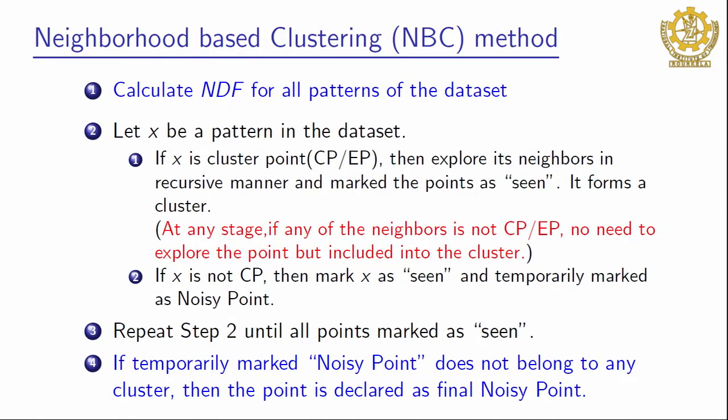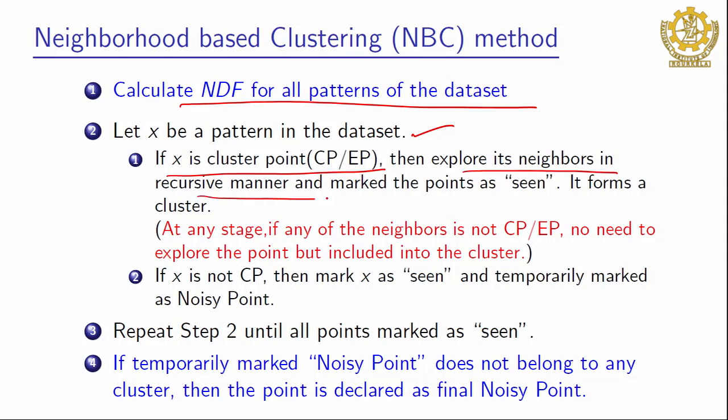Now, how will the neighborhood based clustering, NBC, work? Calculate the NDF of all the patterns of the data set. Now, if x is in the data set and x is a core point or an event point, then we explore its neighbors in a recursive manner, mark the point as seen, and it will form a cluster. It is similar to DBSCAN, only the core point definition has been changed here.